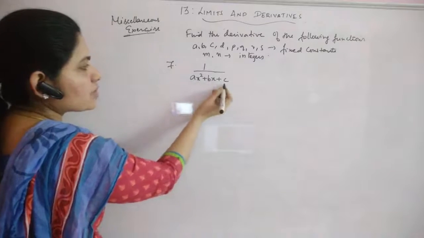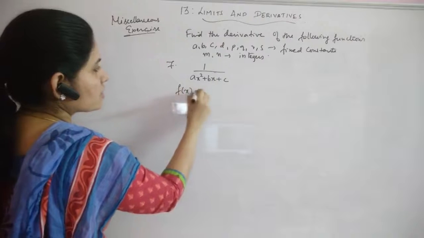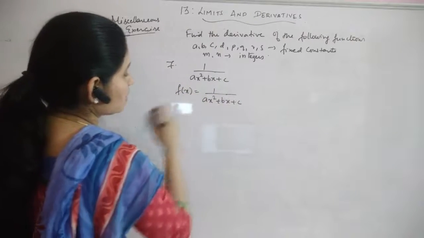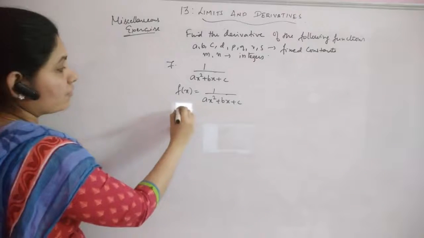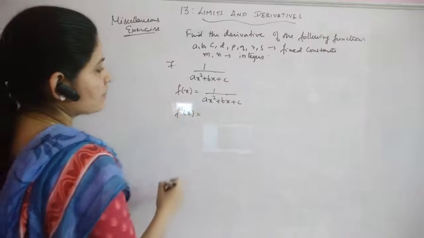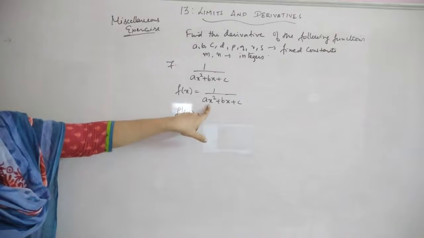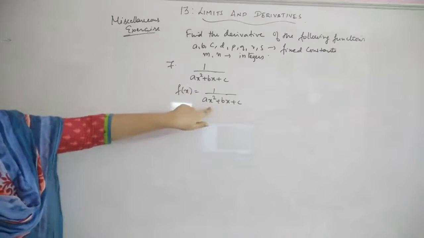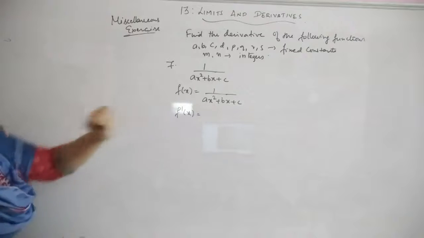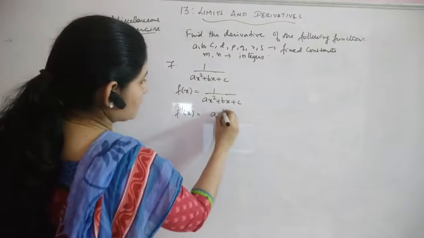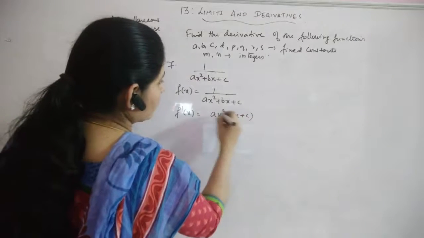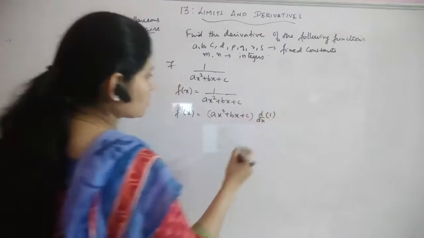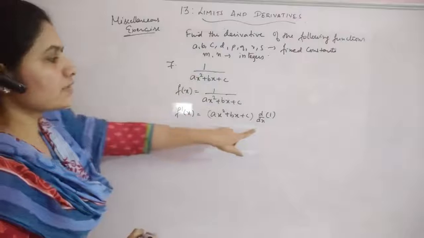1 by ax square plus bx plus c. So you are taking f of x is equal to 1 by ax square plus bx plus c, so that f dash of x will be, here again you can use the quotient rule with the numerator is 1 and denominator is this term. Okay, so what you will get is denominator into derivative of numerator. Numerator is a constant, so you will get the derivative to be 0.